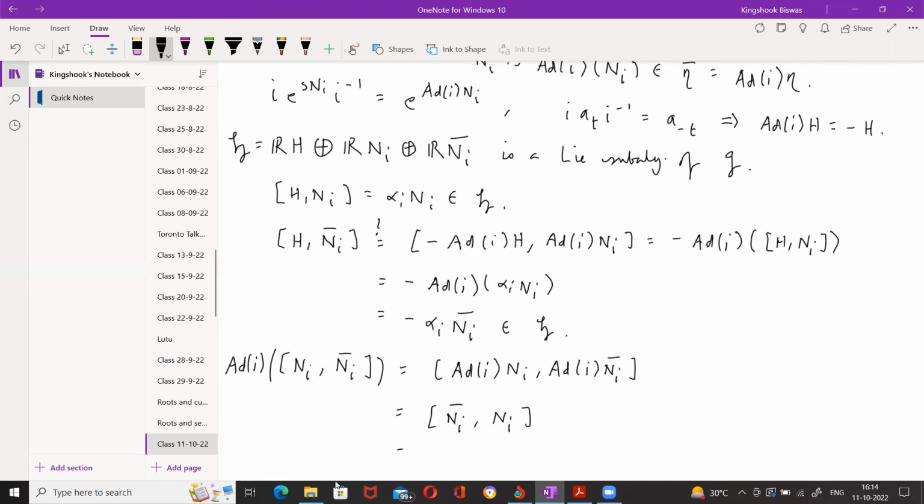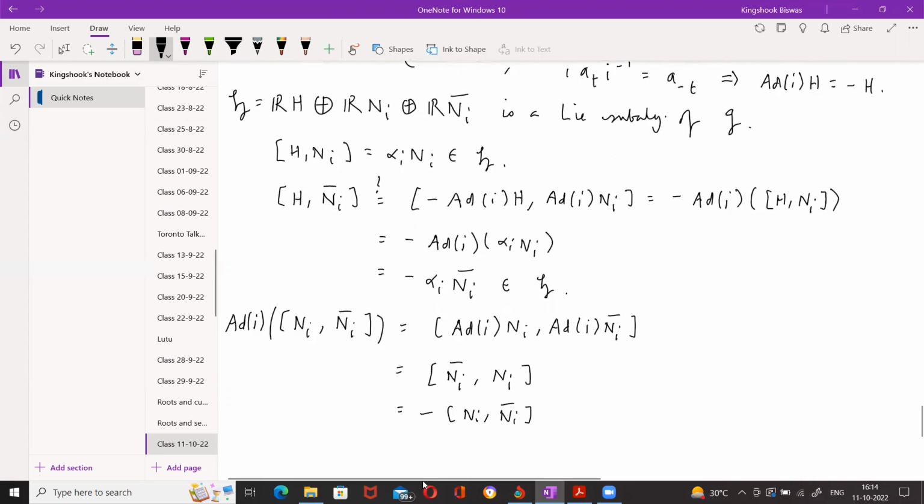So this is minus the bracket of N_i and N_i bar. So Ad I of this vector is minus this vector. That implies it must be a multiple of H.